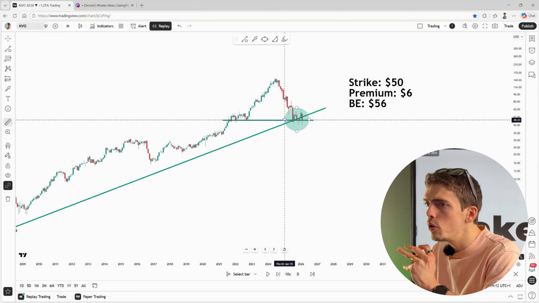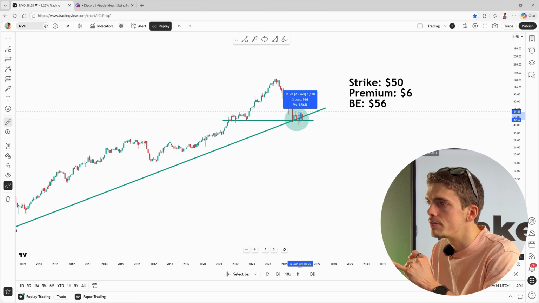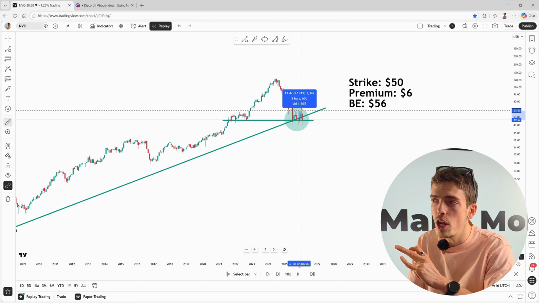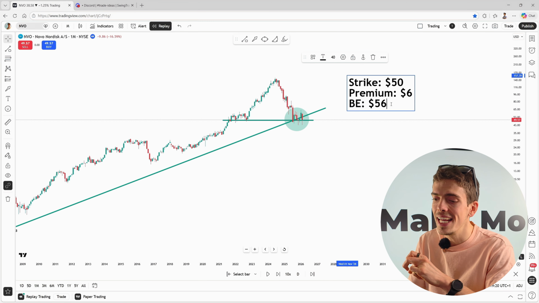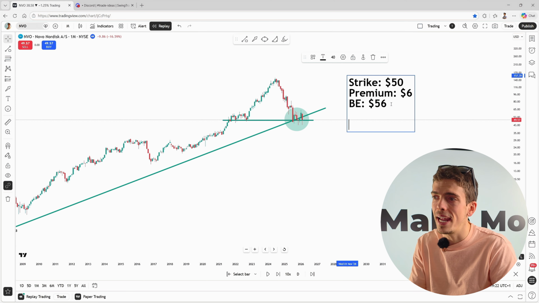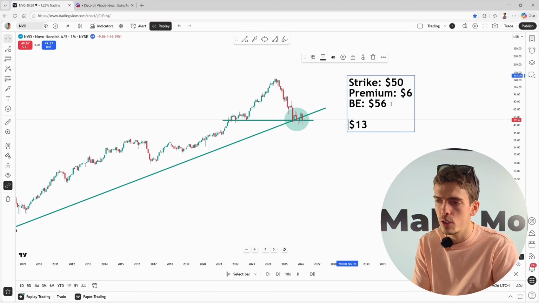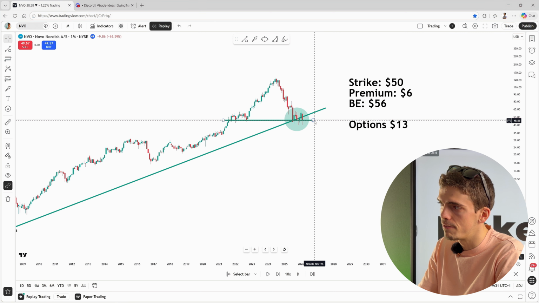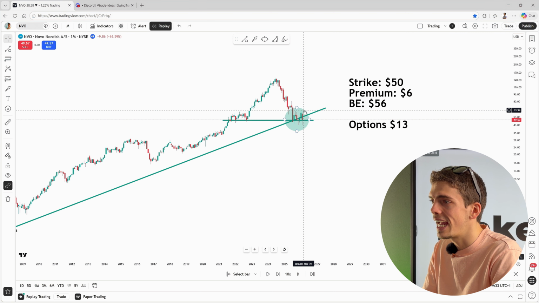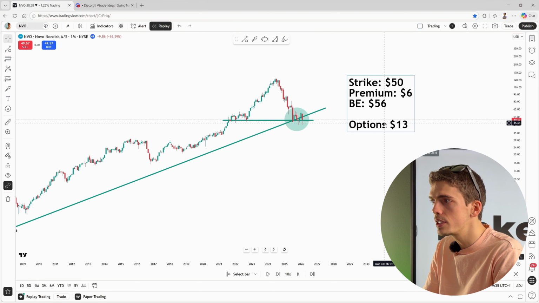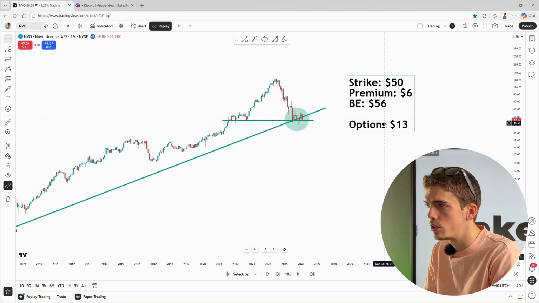Then you can see that over the course of the next couple of days, in this case, NVO came all the way up to $63, meaning that my option, which I paid $6 for, was all of a sudden worth $13, because obviously you can still purchase it at $50, immediately sell it at $61 to $63, which gives your option a value of approximately $13.